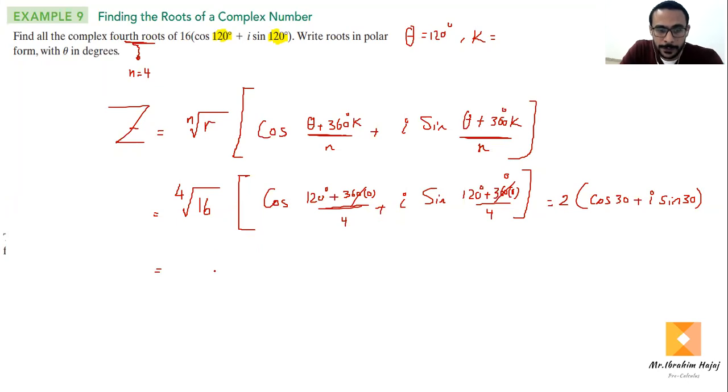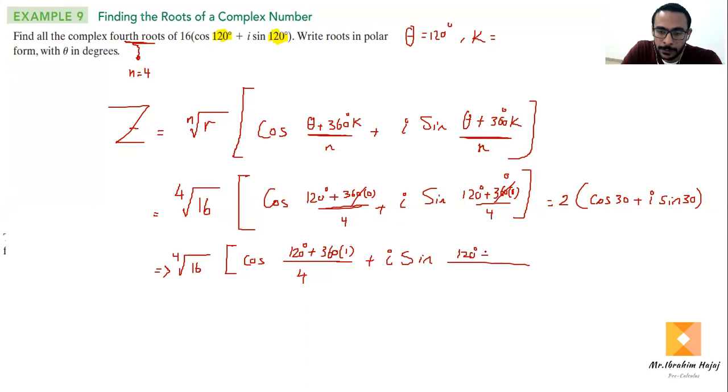The second root: we evaluate the fourth root of 16, and then cosine, with denominator 4. The angle 120 is constant, but the changeable variable here is the value of k, which is 1 now. Plus i sine, we have 120 plus 360 times 1 over 4.